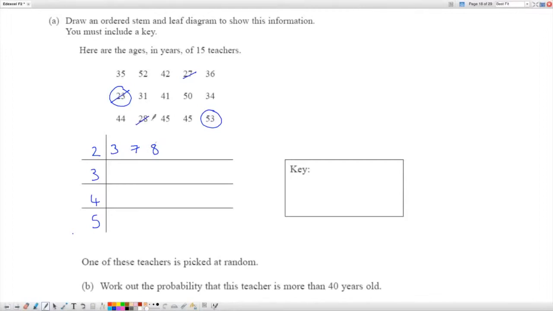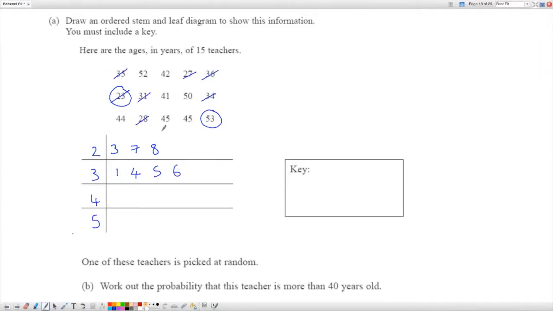Now looking at the 30s, we have 31, 34, 35, and 36 here.